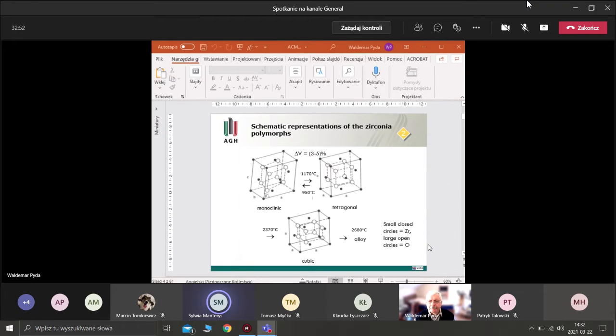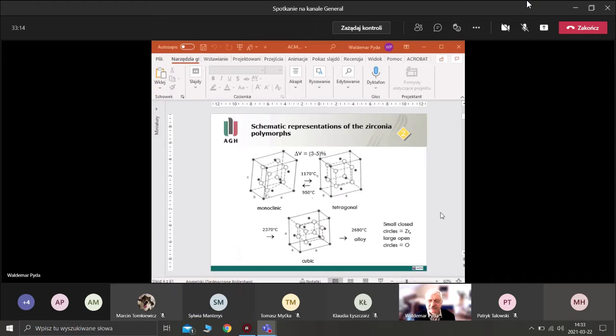So they create some kind of tetrahedral shape. Yes, that's right. Oxygen forms two tetrahedra in the cubic polymorph.